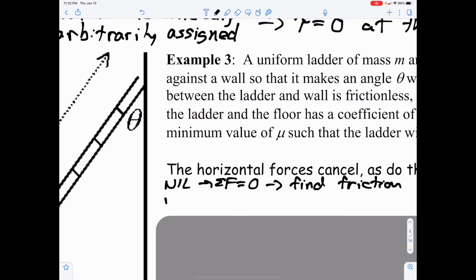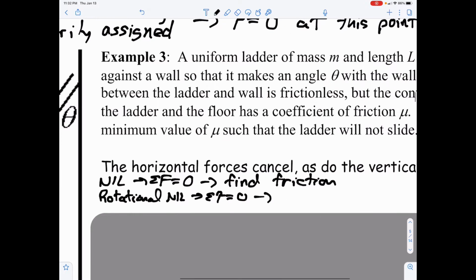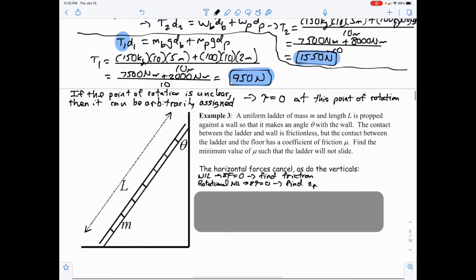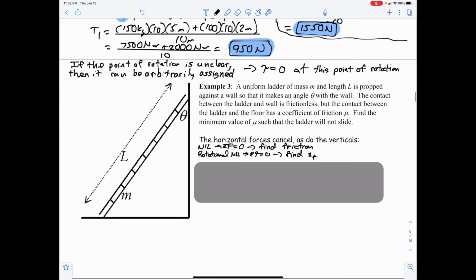But then we have a rotational Newton's first law, which would basically be describing rotational equilibrium, in which case the net torques are equal to 0. And we're going to use that to find the normal force from the floor. So getting kind of ahead of ourselves here, now that we've identified the concept, we know it's a Newton's law-based problem, let's figure out all the forces that are actually acting on this problem.